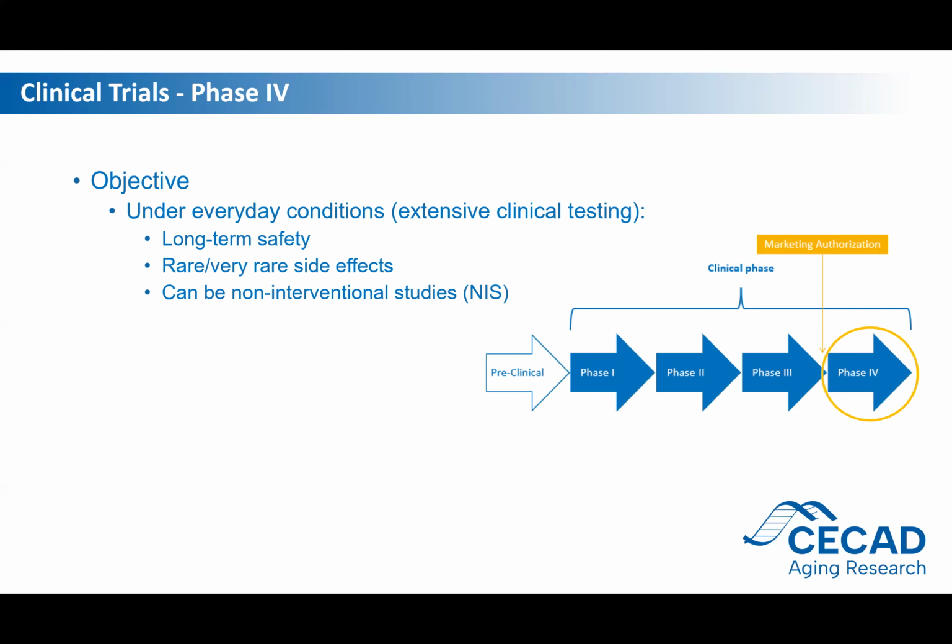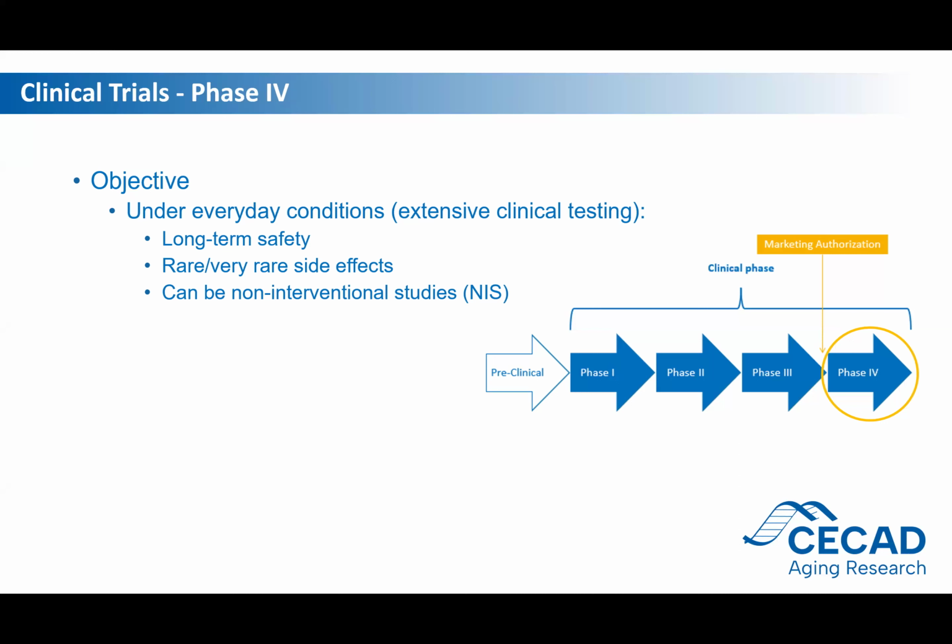And now in phase 4, with the marketing approval, it can be distributed to all the patients, just depending on comorbidities and just prescription of the physician that is giving it out to the patients. But we have the chance to now observe our compound under everyday conditions. So we get information about the long-term safety, rare and very rare side effects, because we now just have so many people that are taking it.